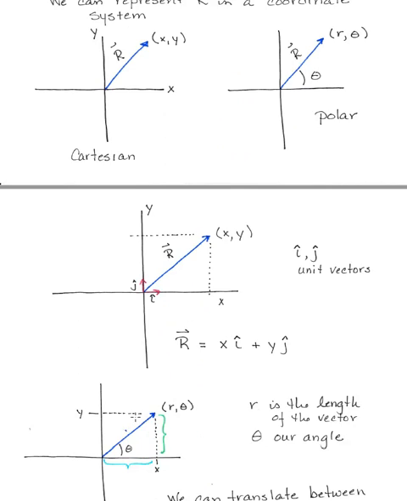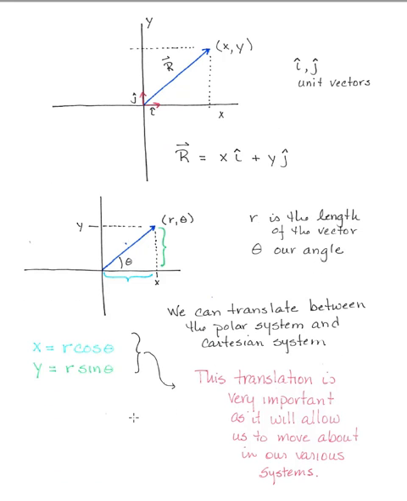So our next thing is to look at our vectors and write them out in this notation. This is our mathematical notation for a vector. We've located our point x, y, and we're going to use these little i, j, and k's representing unit vectors.